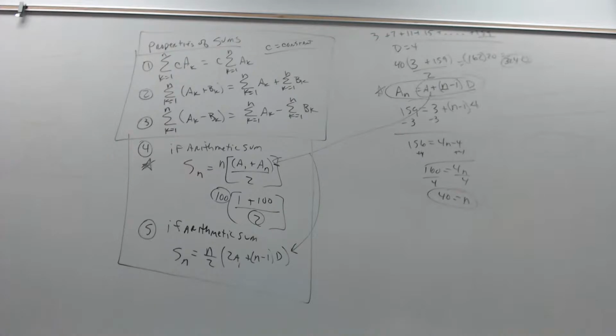Okay, an amphitheater has 50 rows of seats. 30 seats in the first row, 32 in the second row, 34 in the third row. Find the total number of seats.